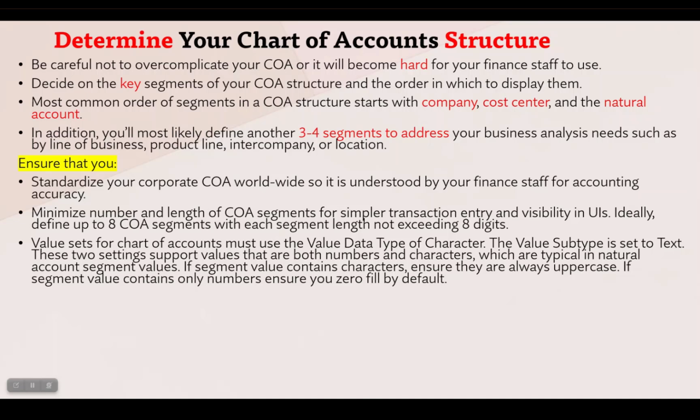For example, if you build one segment with 7 digits and you enter value set values with 6 digits, zero fill will complete these 6 digits to be 7 digits by adding one zero, and so on. This is the zero fill. Also it will be an option during creation of the value set of the chart of accounts and the value set values.